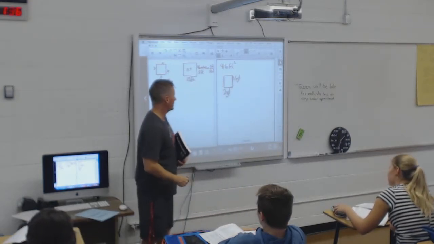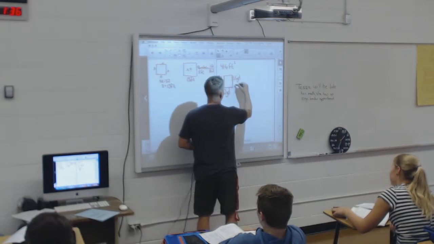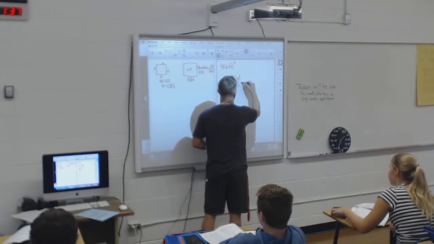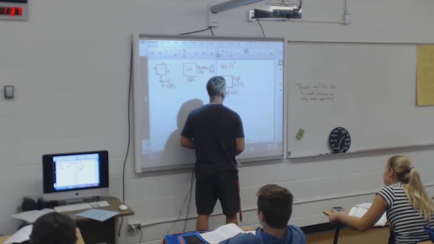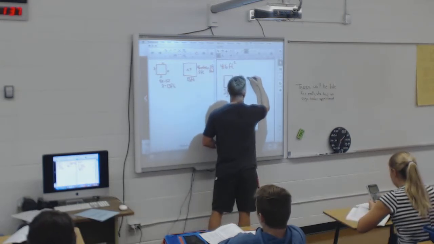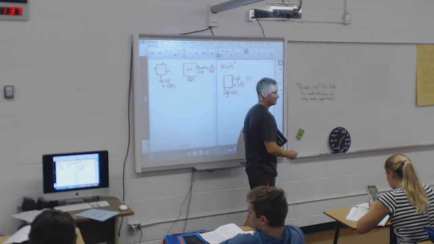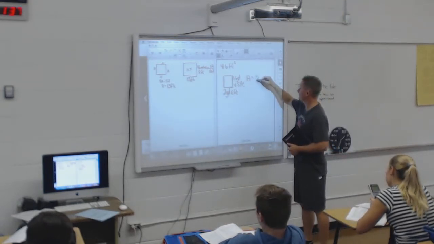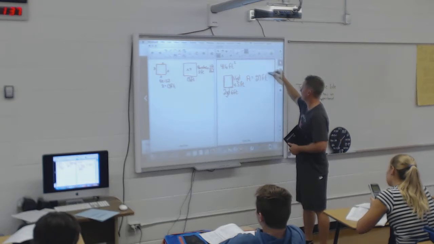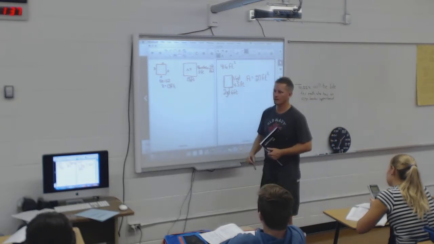Times it by 3. Very good. So that gives me 4.5 feet here, agreed? And 6 feet here. So the area of the window is 4.5 by 6, 27 feet squared.